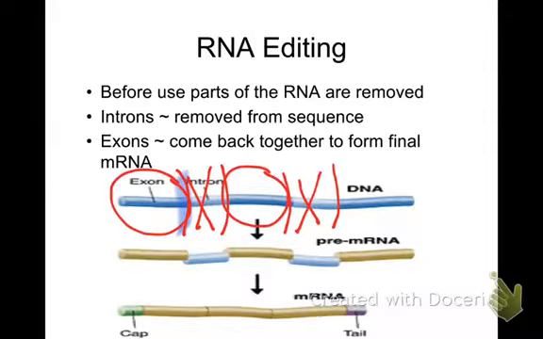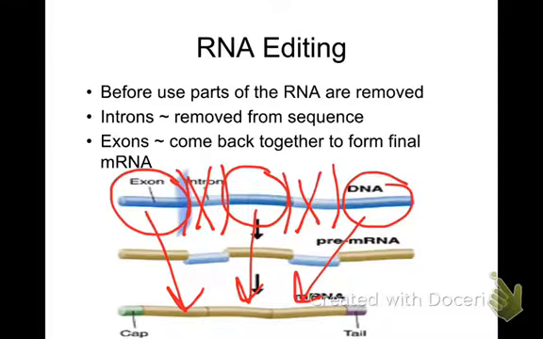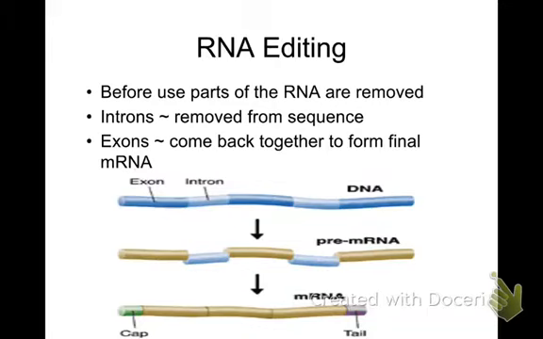So these exons will come together to form our final piece of mRNA. We put a cap and a tail on it to finish it off, and then we can use it to actually make our protein. So we remove the introns and we use the exons. Exons are what's expressed. It's a way to help you remember that you use the exons, because exons is what's being expressed.